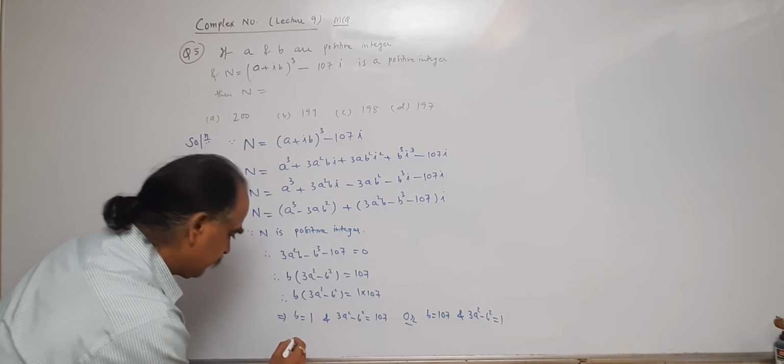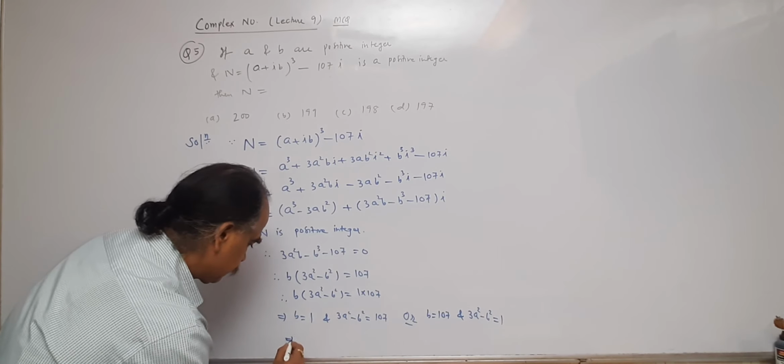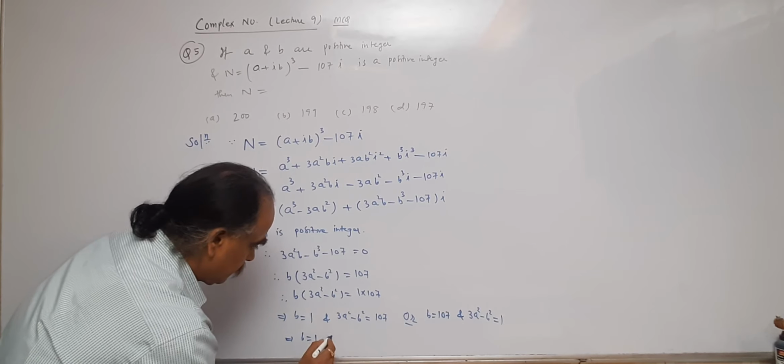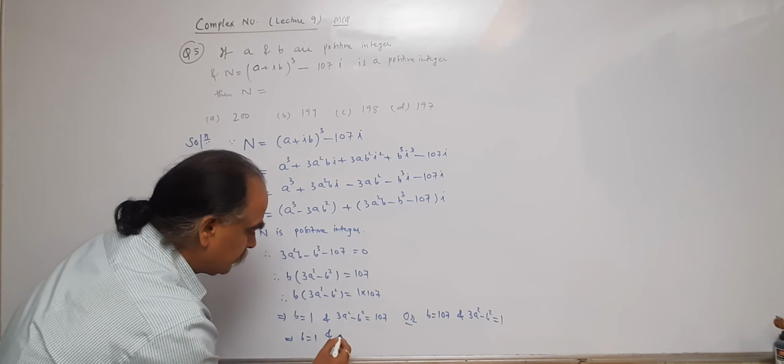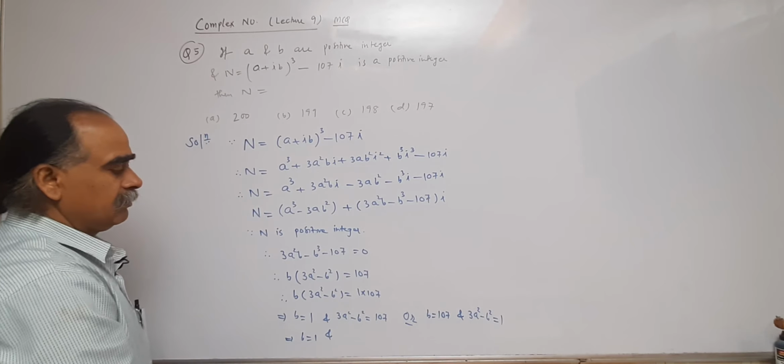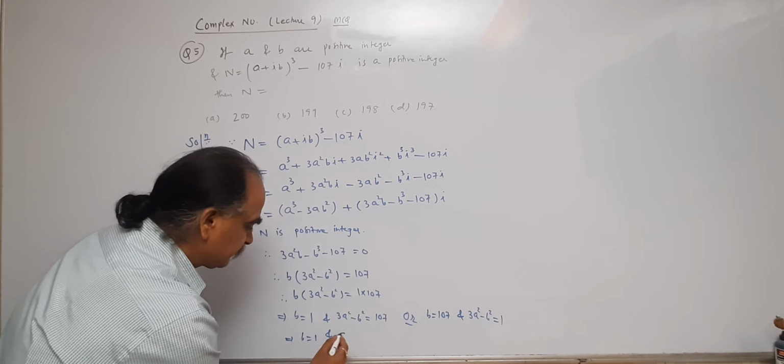So when b is 1, replace here. a square will be 36, so a will be 6.